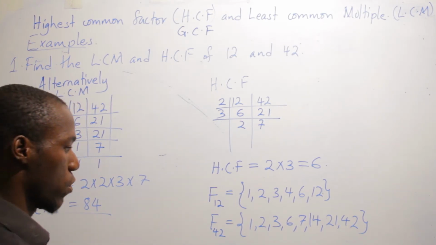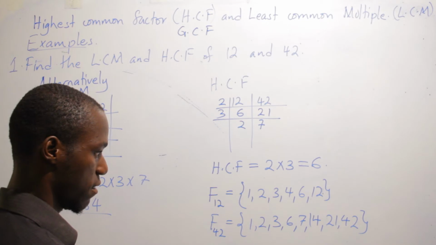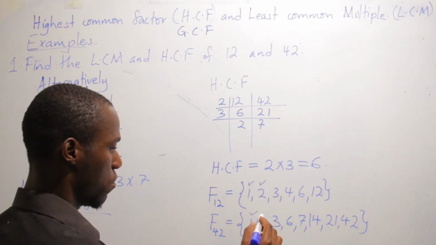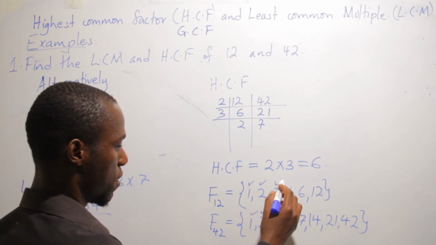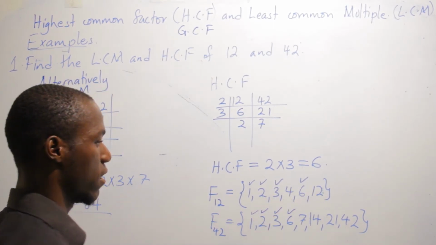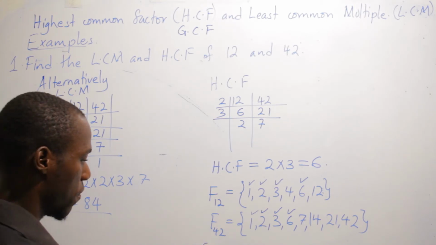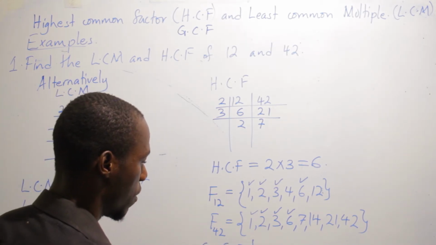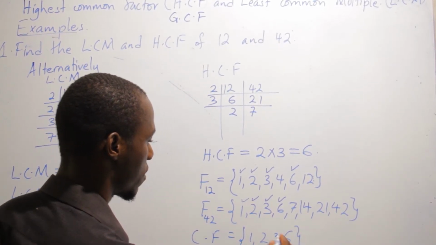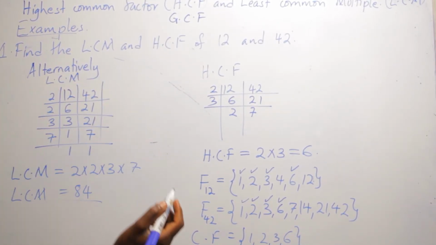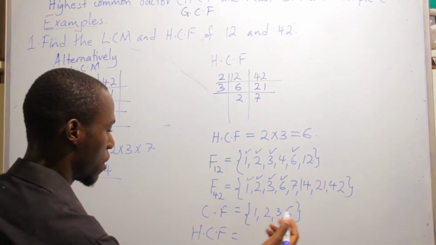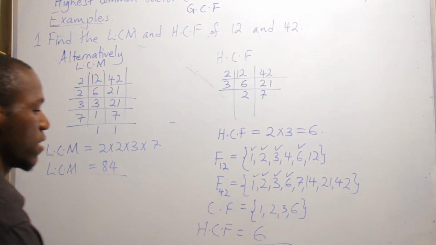Now, we check the common factors. There is a 1, 1 is there. There is a 2, 2 is there. There is a 3, 3 is there. There is also a 6, and 6 is there. So the common factors there, we have 1, 2, 3, and then 6. Now we choose the highest to make up the highest common factor. So the highest there is a 6.